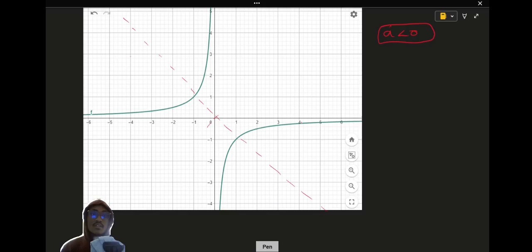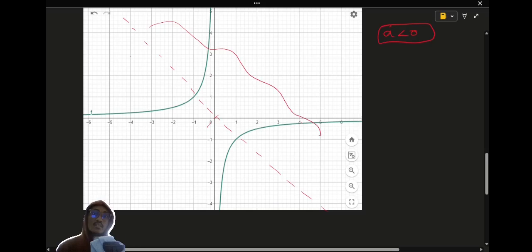Do you see that we also get an identical picture? So this side is the same as this side.